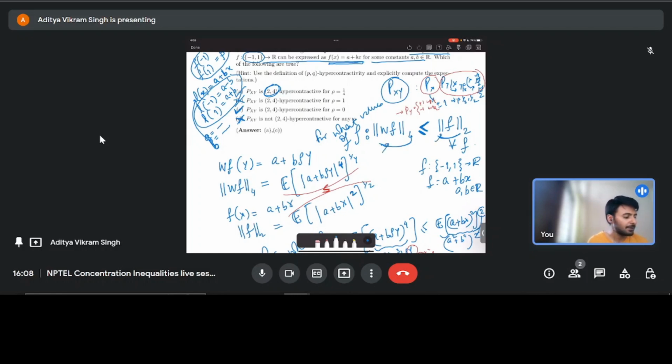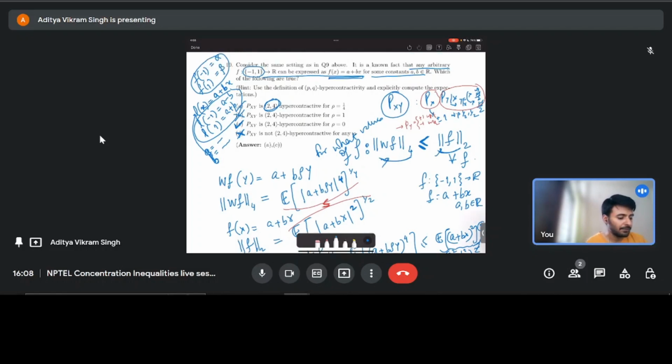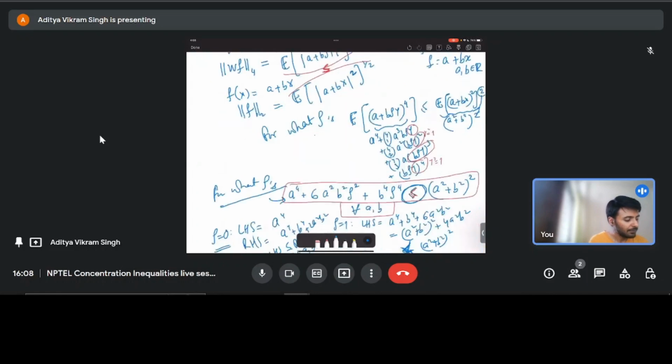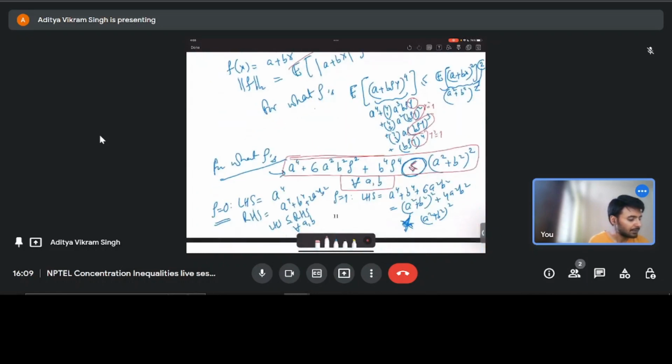Here things were simpler because we want to claim something for all f, and for this kind of domain where f is from {-1, 1} to R, we know that any f can be written as this linear function. So finally what we had to verify was just this condition here in the red box, that it is satisfied for some rho, for all a, b. So fix a rho, and if this condition is satisfied for all a, b, then we say that it is 2-to-4 hypercontractive for that rho.